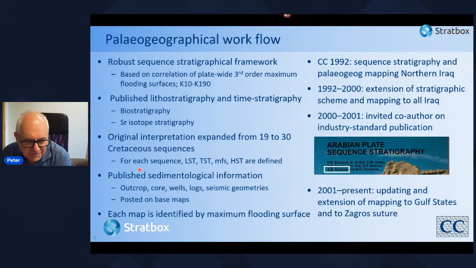And for each sequence, we have a map of low stand systems tract, transgressive, maximum flood, and high stand systems tract. And then we built in the sedimentological information based on published data from outcrop, core, well logs, seismic geometries, and we posted these on base maps to come up with the palaeogeographic maps. And each map is identified according to the maximum flooding surface that third order sequence contains.